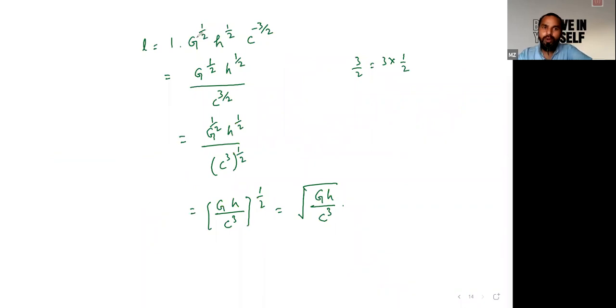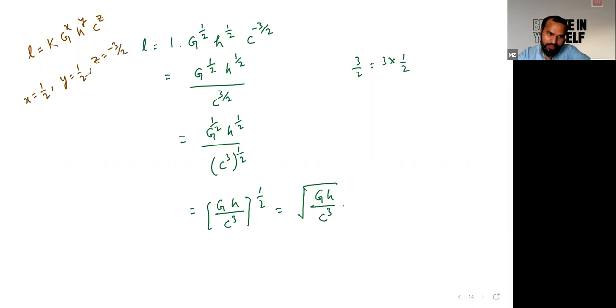I've just put all the values of x, y, z in their respective positions. As we had in the last part, L is equal to K, G raised to the power x, H raised to the power y, and C raised to the power z. We have obtained x is equal to half, y is equal to half, and z is equal to minus 3 by 2.